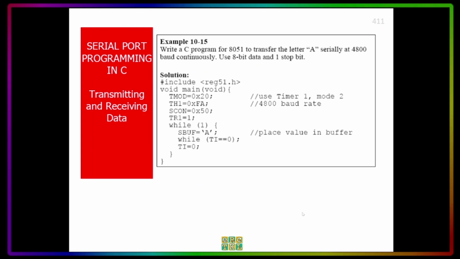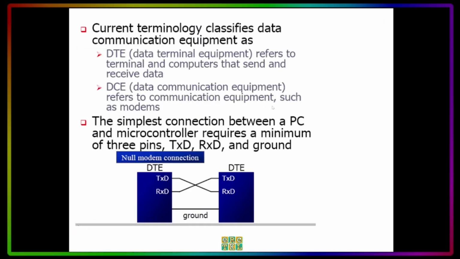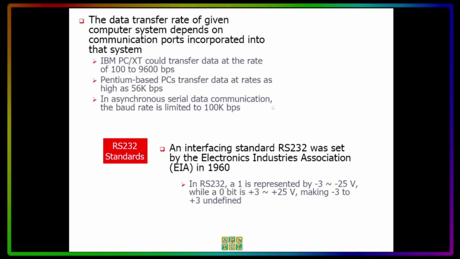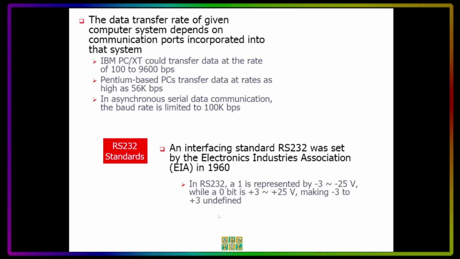So going back to the program, that's what we mean by this FA. So if you're given another baud rate here, not 4,800, it can be any of the following: 9,600, 2,400, or 1,200.